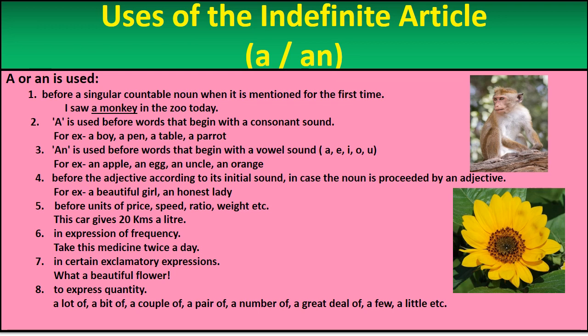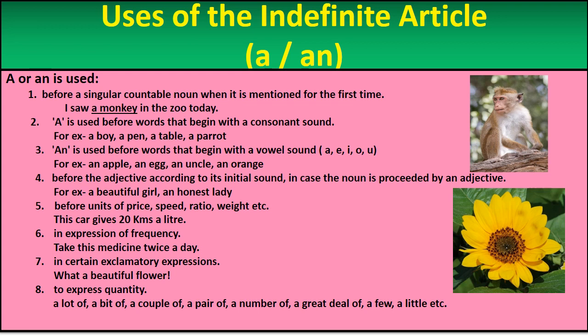Point number 4. It is used before the adjective according to its initial sound in case the noun is preceded by an adjective. Now, adjective is a describing word. For example, a beautiful girl, an honest lady. So here we are not supplying the article as per the lady, but the adjective honest is there before lady, and an is used because of this adjective honest, because here H is silent, so the sound is O sound.